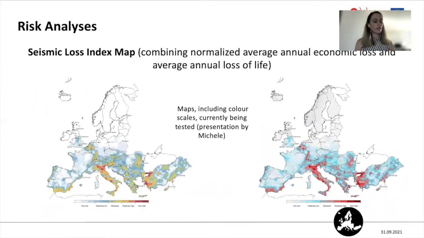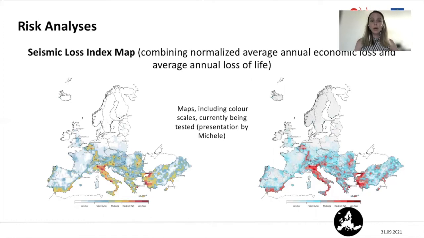One product that we feel is particularly important to communicate seismic risk to a wider audience, not just to our own community, is a simple representation of seismic risk. And we've decided to do this through what we call the Seismic Loss Index map. This is a map that combines average annual loss and average annual loss of life in a single index, so that these two parameters are normalized and combined.